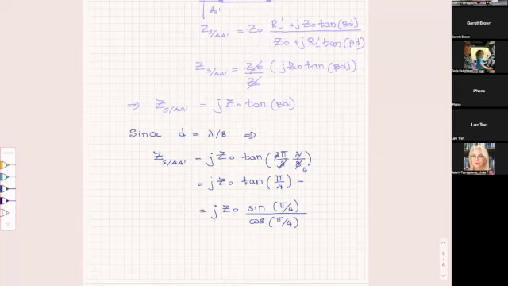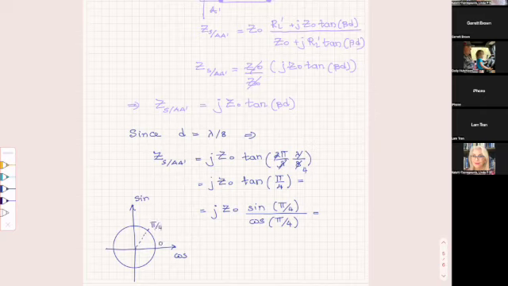These are the cosines, these are the sines. This is pi over 4, 1, correct?